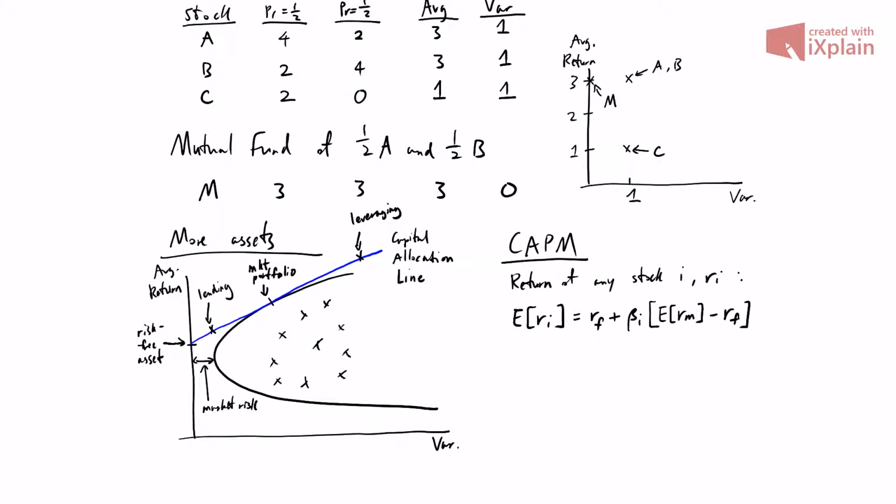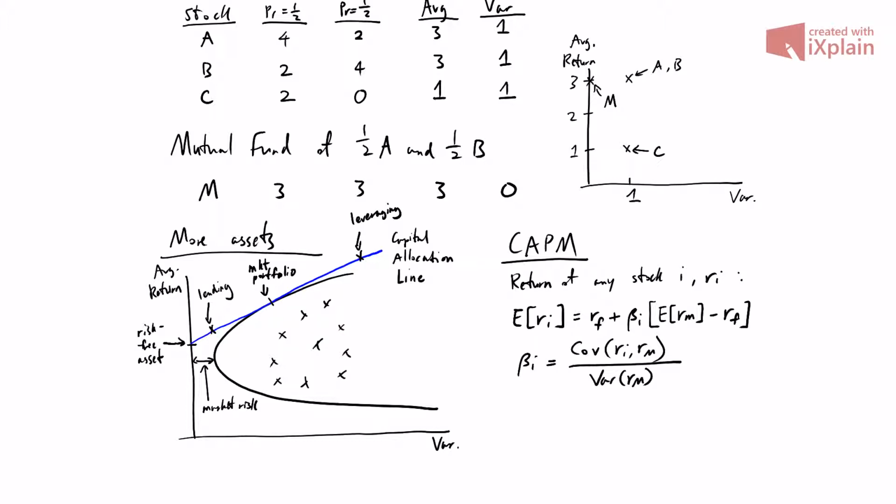So this is the CAPM formula. And beta_i should have the following structure. It is the covariance between this asset and the market over the variance of the market. Once again, if you're interested in how this is derived, I'll upload the derivation later on.